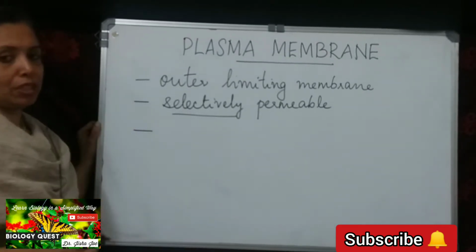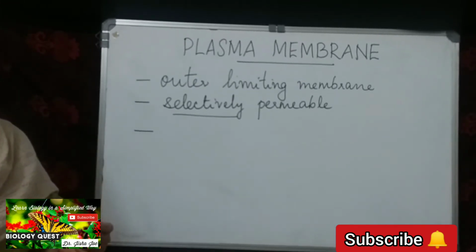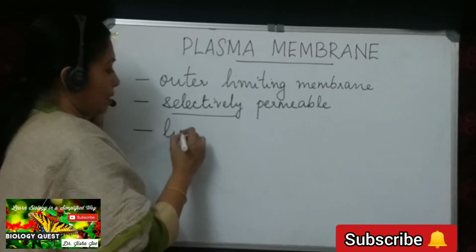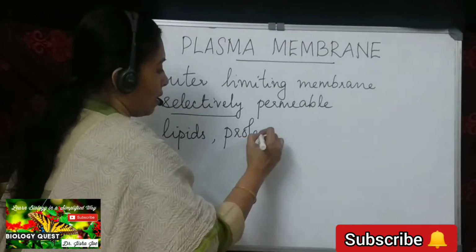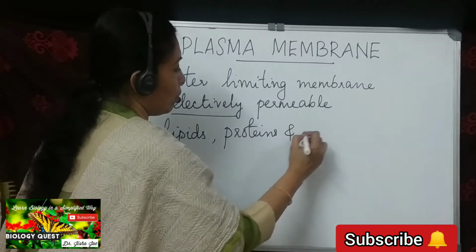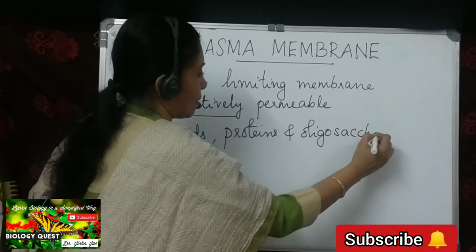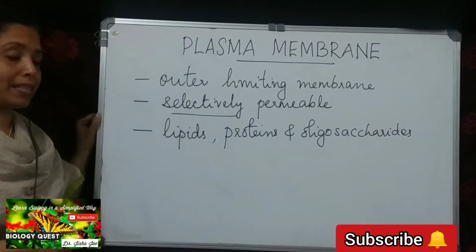Another important character of the plasma membrane is that it is composed of lipids, proteins, and oligosaccharides. So these are the constituents of the plasma membrane.